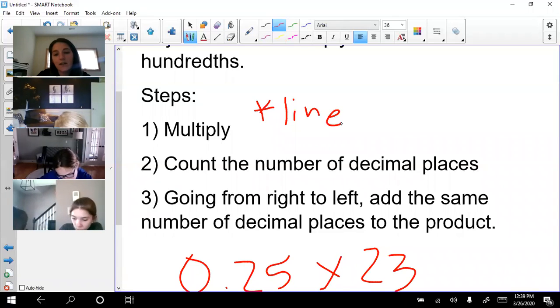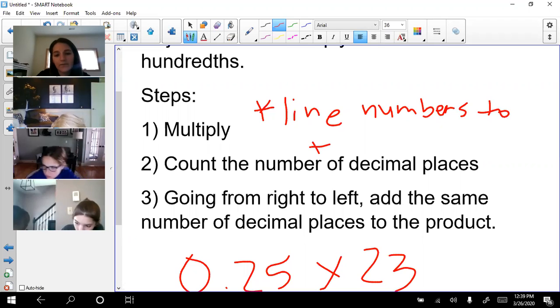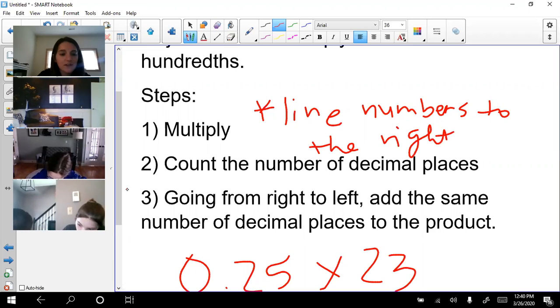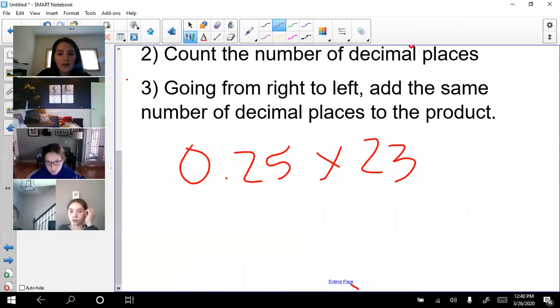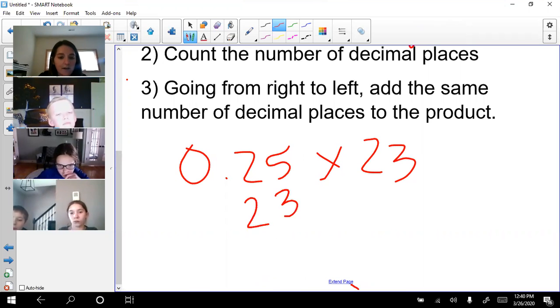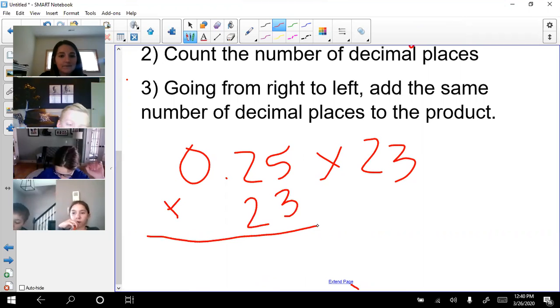Line numbers to the right. Okay, so what this looks like is this. And I generally find the longer number, it's a lot easier. So I'm going to do 23 right here, and I'm going to multiply like that.